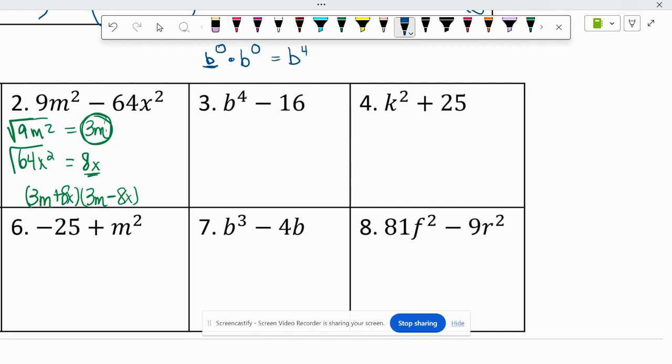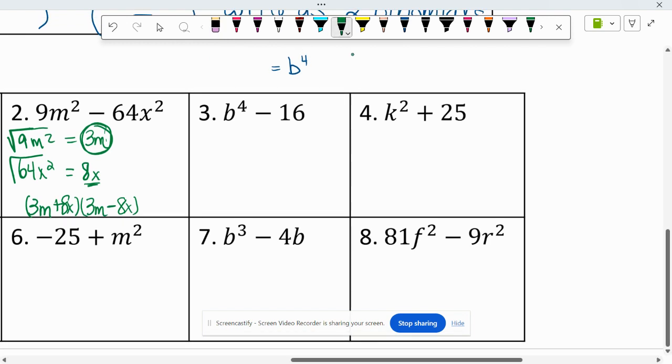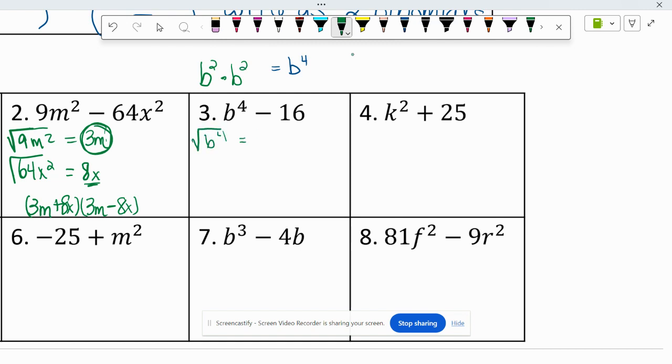What is the exponent rule? You add the exponents. Yeah, if the bases are the same, you have to add the exponents. So it has to be the same exponent, right? Because they have to be the same number. So what number added to itself gives me 4? Yeah. So when I take the square root of b to the fourth, I actually get b squared.